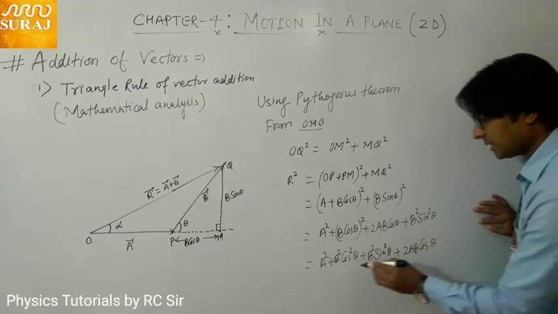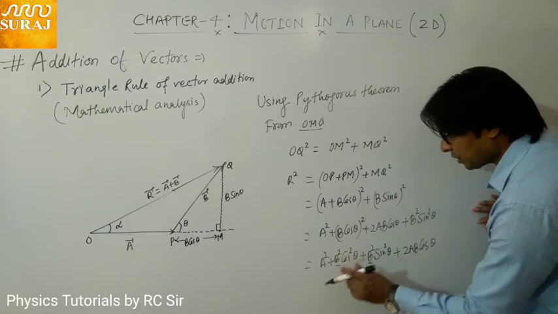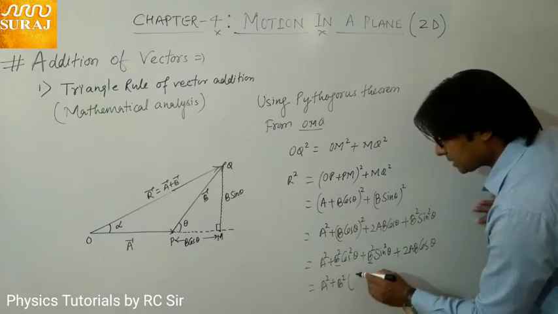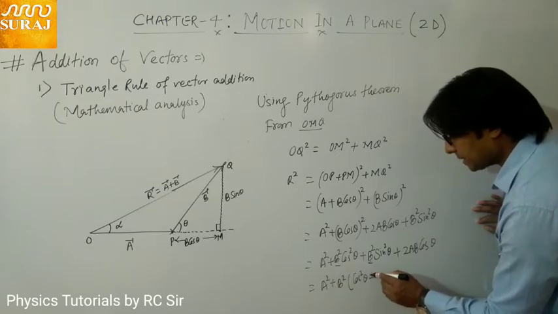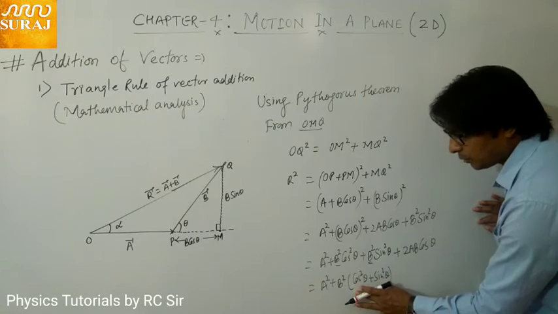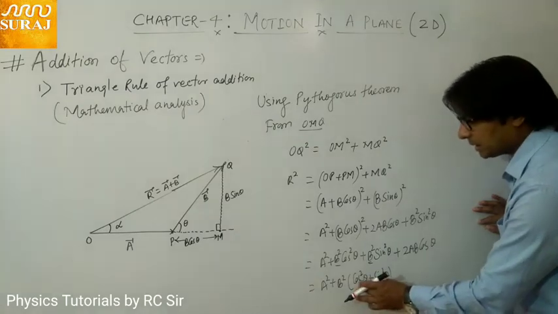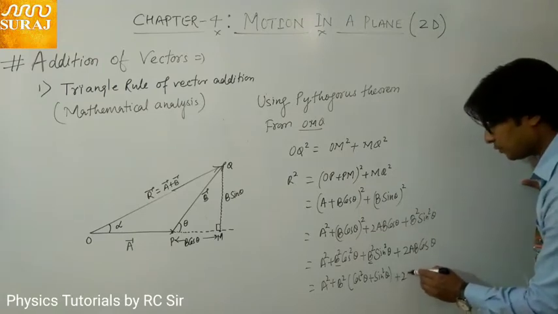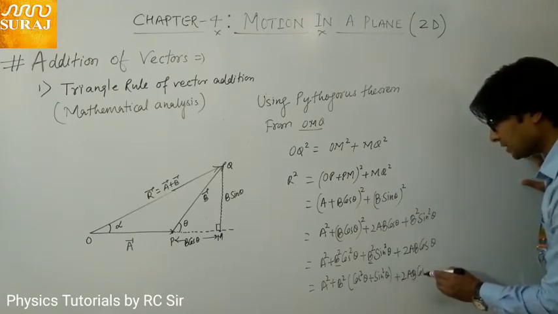Now you can take B square common from these two terms. So it will become A square plus B square times cos square theta plus sin square theta. And you know this is a trigonometric identity, that cos square theta plus sin square theta is equal to 1. So we will put the value of this identity.